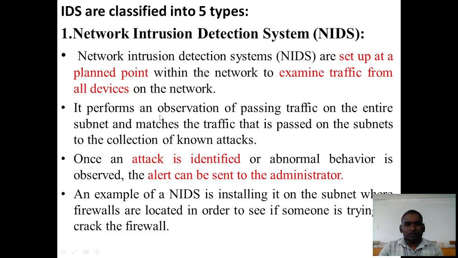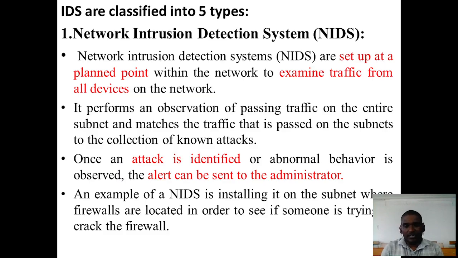Okay, it observes passing traffic on the entire subnet and matches the traffic passed on the subnet to a collection of known attacks. So once an attack is identified or abnormal behavior is observed, an alert can be sent to the administrator. So NIDS is installed at one network point and observes any abnormal behavior in the network.